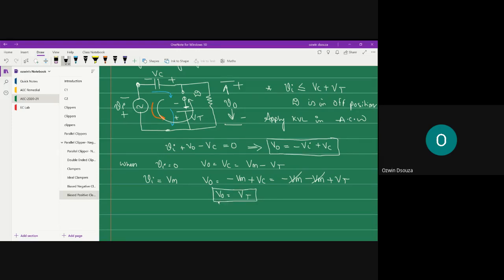So your output is going to be at minus Vt level. Minus Vt, yeah. See, minus Vm plus Vc. And what is Vc?